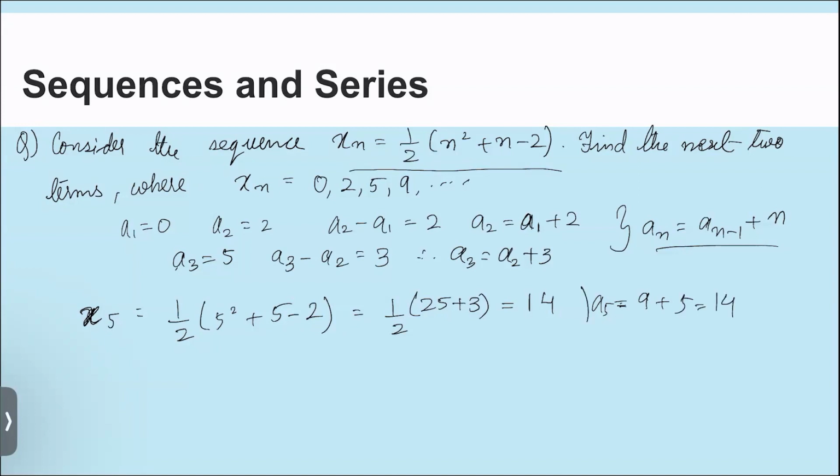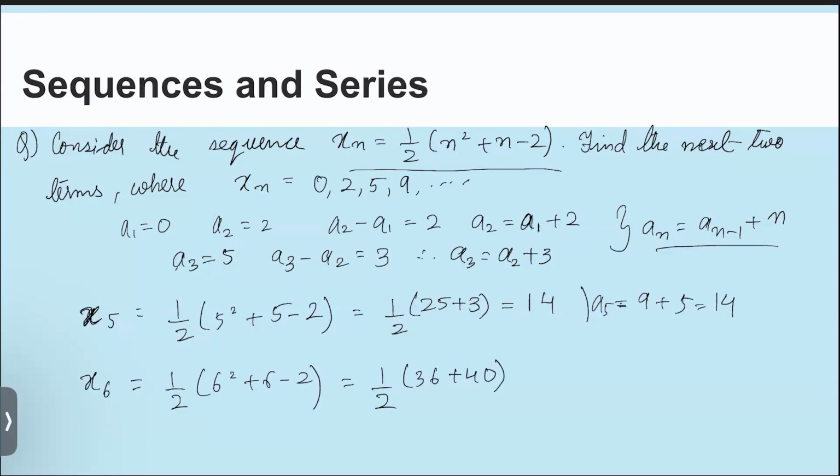Okay, let's take the other one. So x6 is half of 6 squared plus 6 minus 2, and this is half multiplied by 36 plus 4. So 36 plus 4 is 40. So 40 by 2, you have the next term as 20.